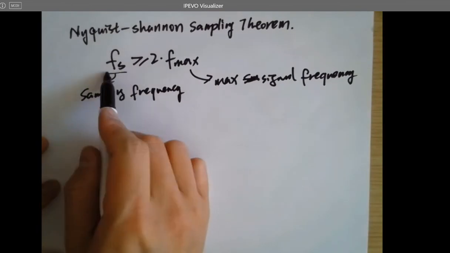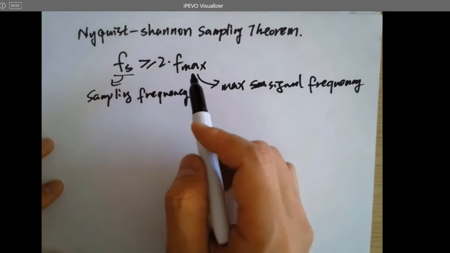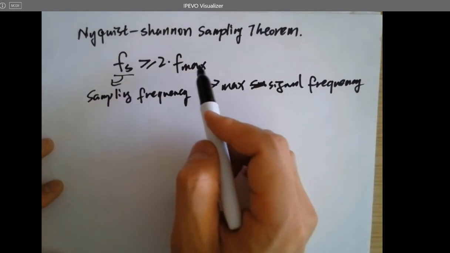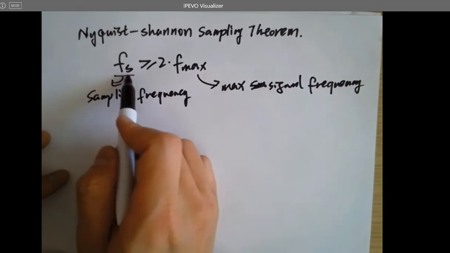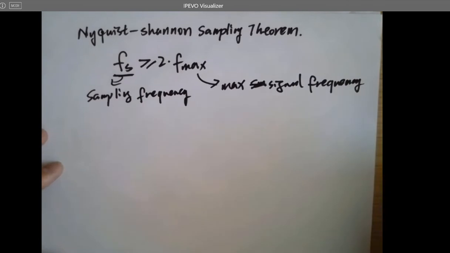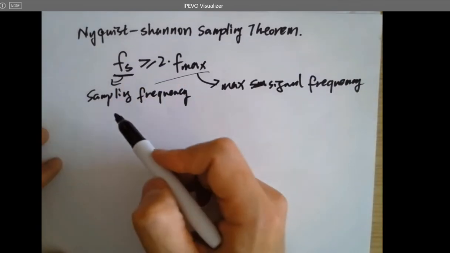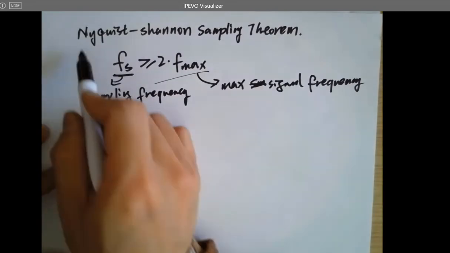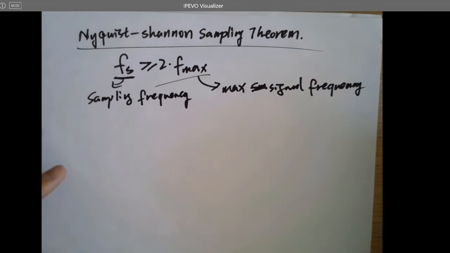So the sampling frequency should be at least twice the maximum frequency of the original signal. I mean, at least means this is actually not really good. You want to make the sampling frequency way higher than twice the original signal's frequency, right? But this is the bottom line.